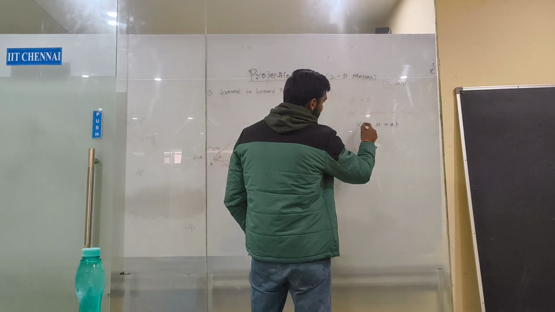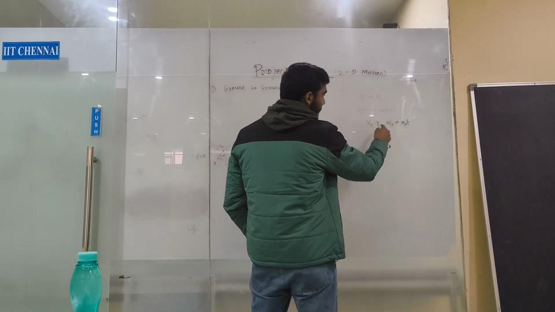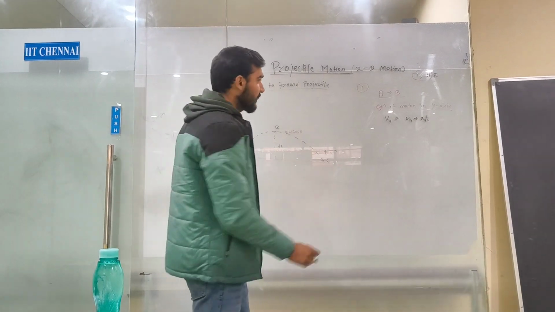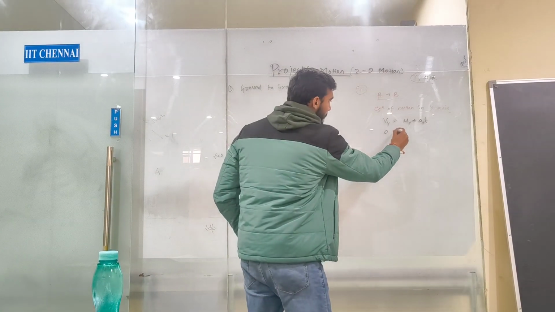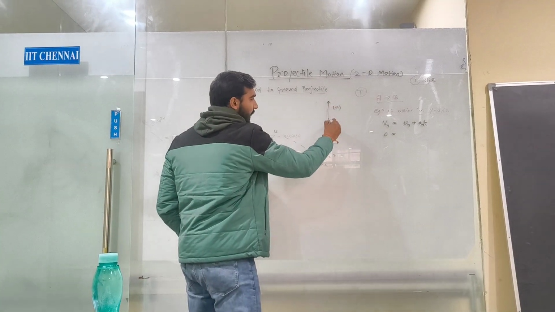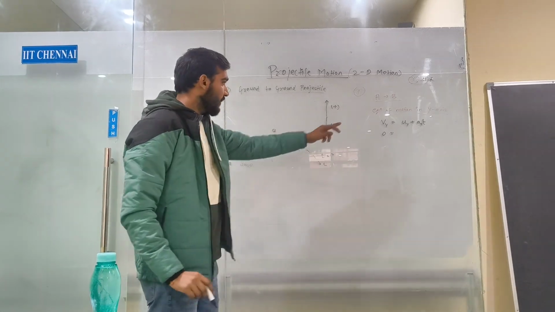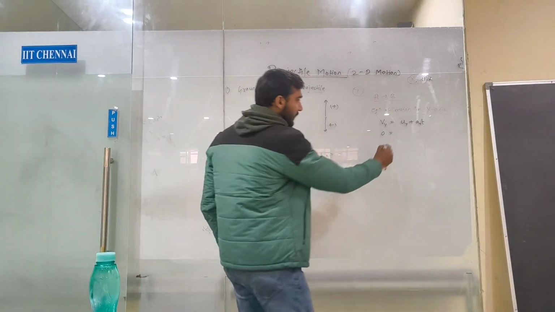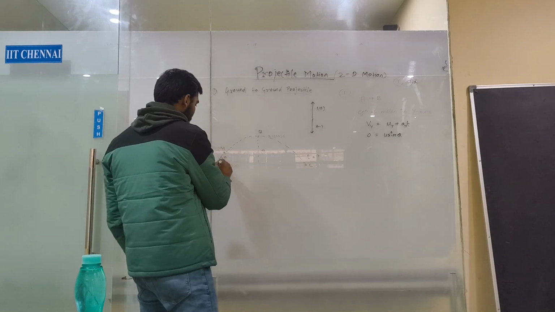Now I am writing this with subscript y: v_y, u_y, a_y, because I am applying the equation of motion in y direction. Final velocity in y axis is 0. One more thing, I am taking the upper direction as positive and lower direction in negative y axis as negative. So v_y is 0, u_y is u sin theta, and a_y, what is acceleration in y direction?